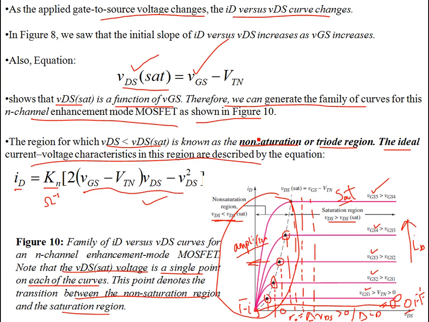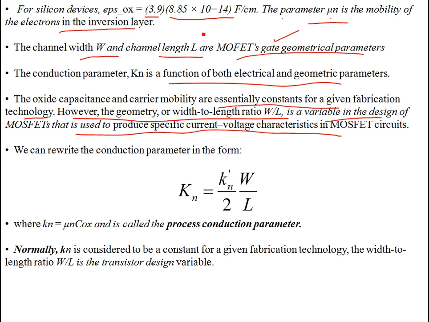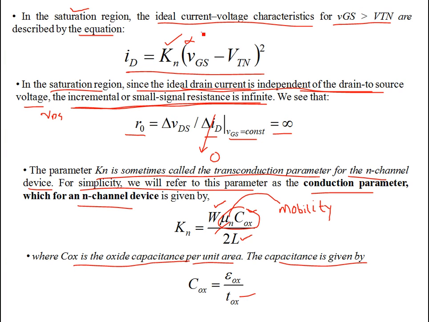Isn't that right? Kn is present in the non-saturation region, and you see the same parameter present in the saturation region. So this Kn, which is proportional to the ratio of width to length of the MOSFET, is how you control the current.